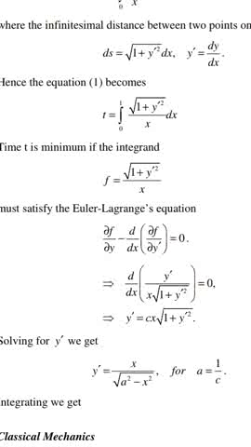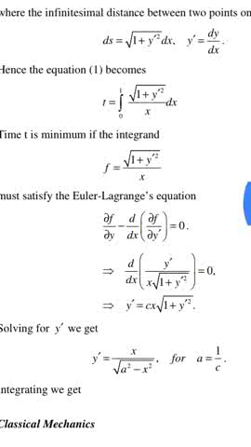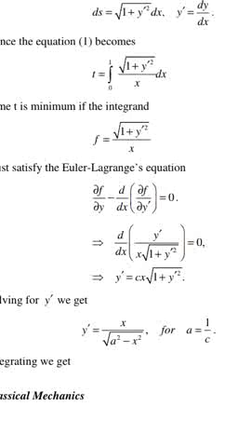But in terms of the functional f is equal to square root of 1 plus y dash square divided by x, the term y is absent, therefore del f by del y is equal to 0. And del f by del y dash is equal to 1 upon square root of 1 plus y dash square into x multiplied by y dash, and d by dx of y dash divided by x square root of 1 plus y dash square is equal to 0.